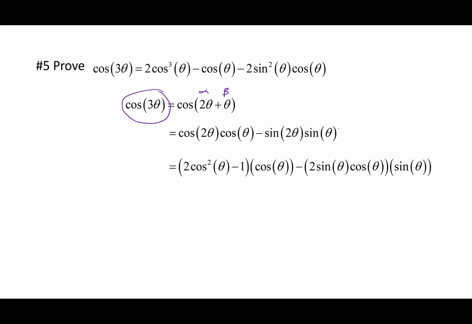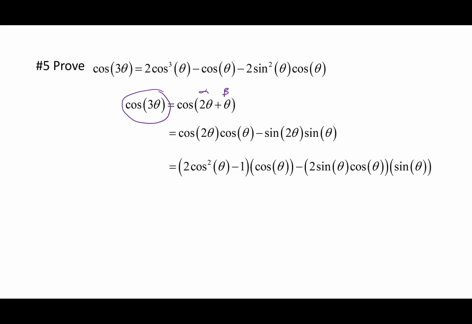And then we need to break that up a little more. So cosine of 2 theta, if you know your double angle identities, one of the double angle identities is we write cosine of 2 theta as 2 cosine squared theta minus 1.